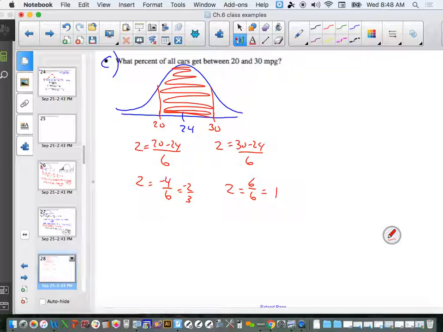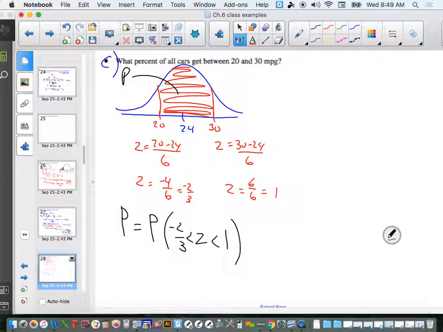So what percent of cars are in there? So what we're looking for is this percent, P. And to find that percent, it's equal to the probability of getting a z-score that is between those two z-scores we got. So this is part of the show.